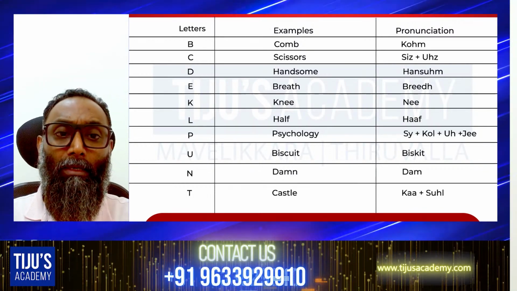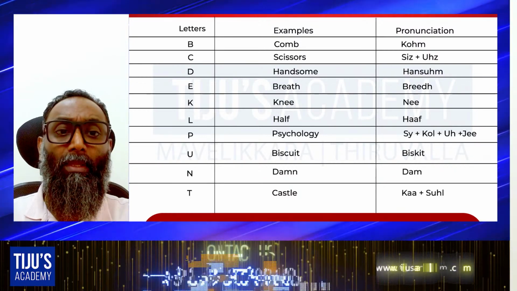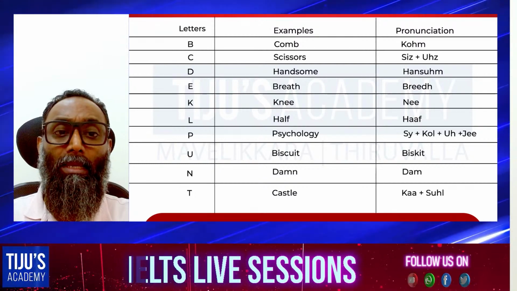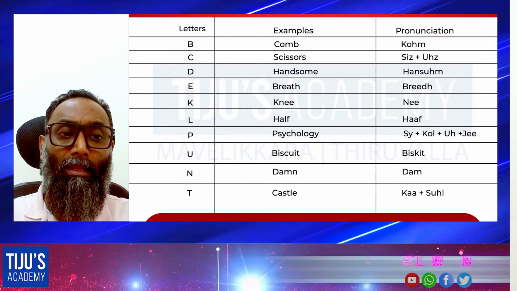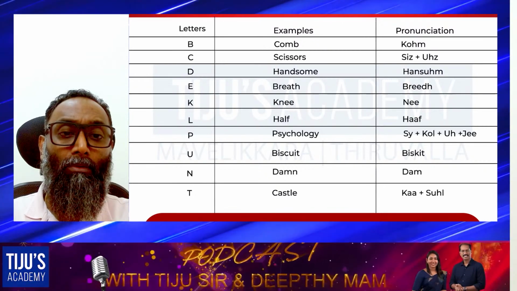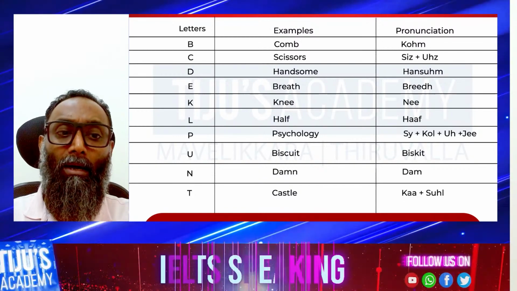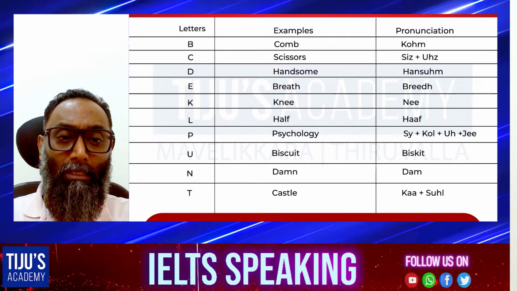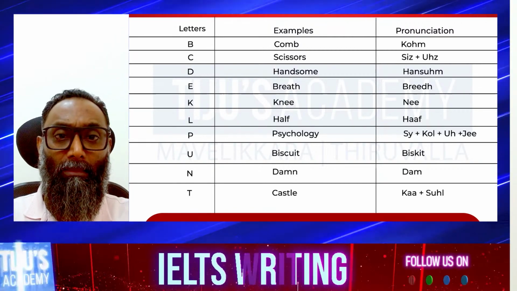So, written is different and the speaking part is different. Likewise, for handsome, when you write it, it's H-A-N-D-S-O-M-E, but you pronounce it without the D. Half, H-A-L-F, right? But when you pronounce it, the L is not pronounced. It's just half. Castle, C-A-S-T-L-E, the T is silent. So, it's castle.